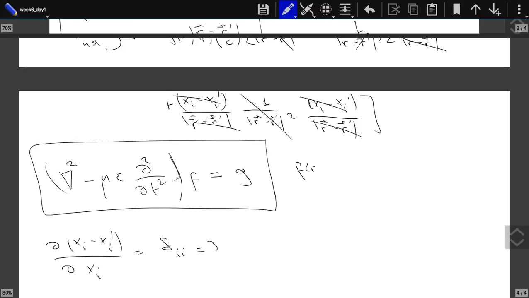Where, let me rewrite it, f of r and t is equal to the integral d cubed r prime divided by 4 pi, g of r prime, t_r, divided by r minus r prime. Well, this is not the equation I started with. In the equation I started with, these were reversed, but it's just instead of g, put minus g.